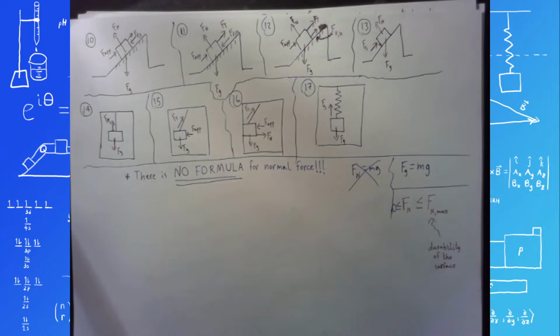Normal force equals whatever it needs to equal to fulfill the physical situation that is being presented to you in your book problem, or even just in your real life application problem. Normal force equals whatever it needs to equal.